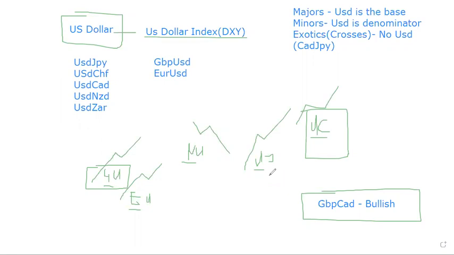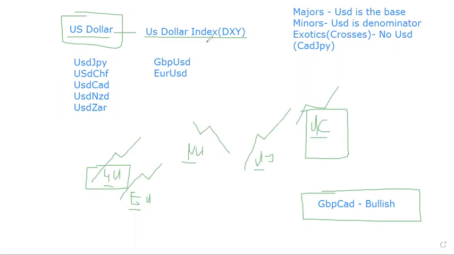So when you want to do price correlations, remember what I said. Start with a chart, draw a table, US dollar. Then make your analysis on USD JPY, USD CHF, USD CAD.